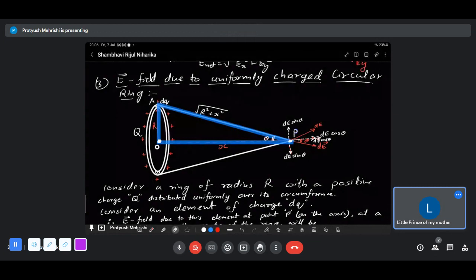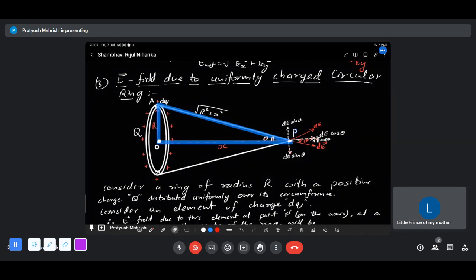Sir, everywhere we are considering only positive charges distributed along the ring? Yes, that's a standard. Actually, only electrons are there. Earlier we assumed that positive charges are flowing, negative charges are not flowing.